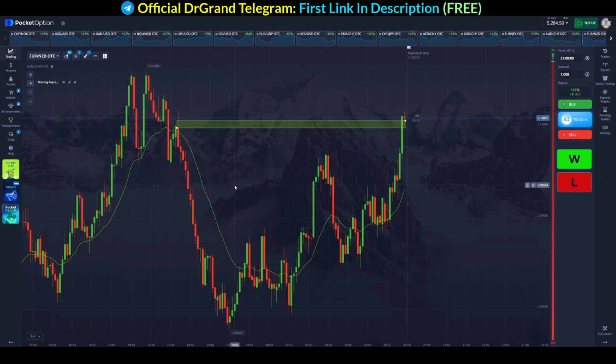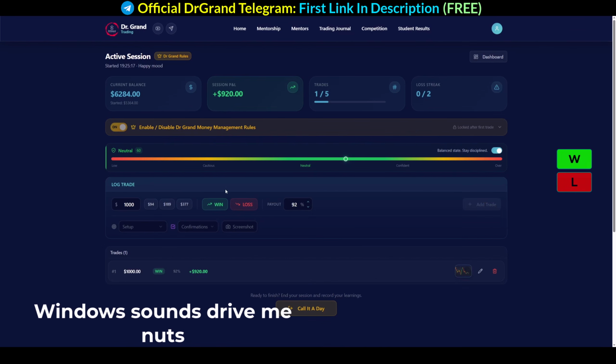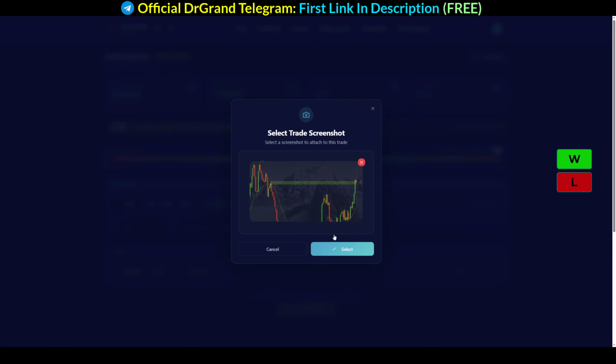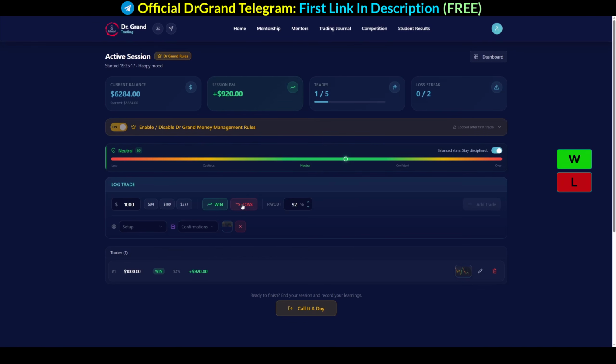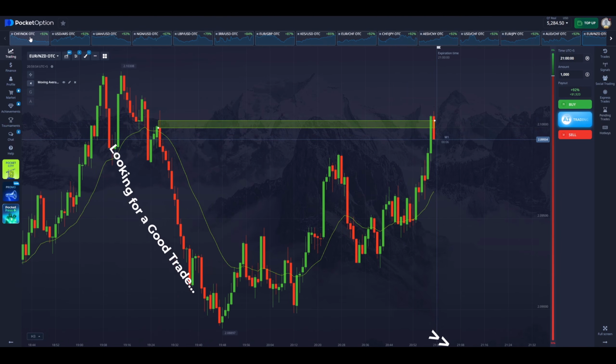I entered because the supply is inside this little bigger supply, and this is causing a breakout, so I thought this could work, which didn't work. Loss. Alright, fine. We're break even.